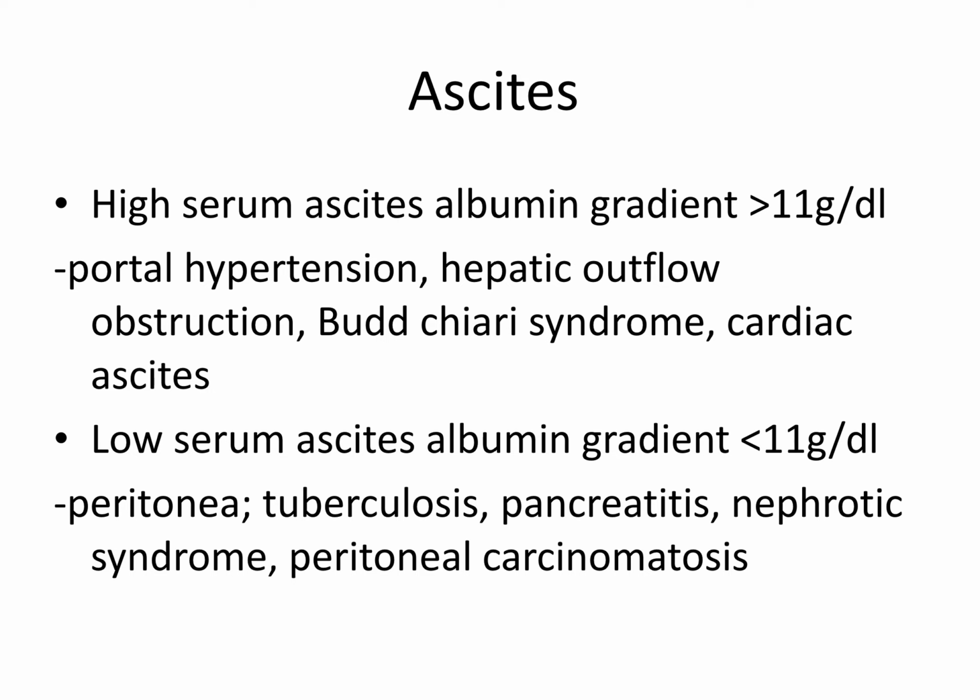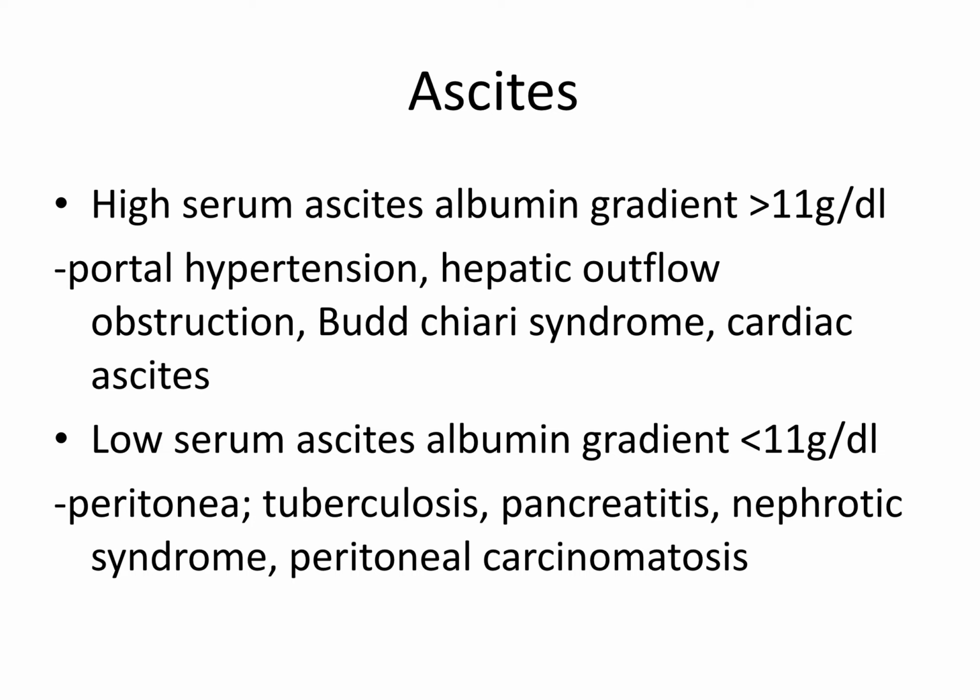Before we move on to the discussion based on this case scenario, we will talk about ascites a bit. There are two types of ascites. One is high serum ascites albumin gradient, where the albumin concentration is more than 11 grams per deciliter.